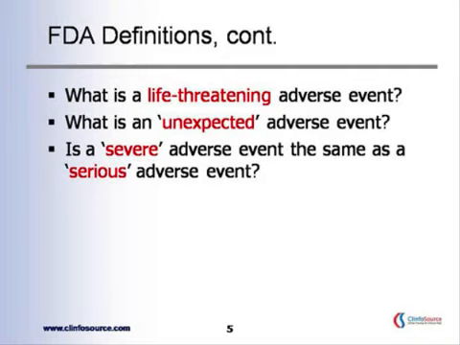Unexpected also refers to adverse events or suspected adverse reactions that are mentioned in the investigator brochure as occurring with a class of drugs or as anticipated from the pharmacological properties of the drug, but are not specifically mentioned as occurring with the particular drug under investigation.